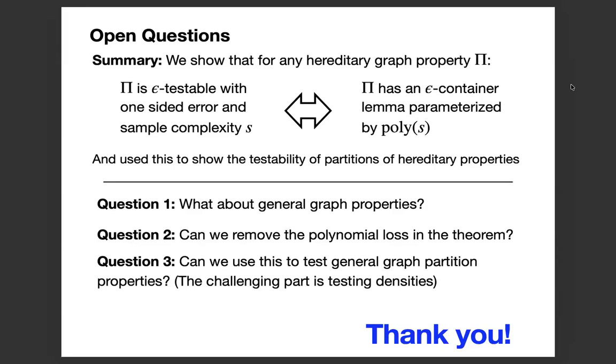I don't know if that really answers what you're saying. But it kind of makes sense. Anything that is testable with two-sided error should somehow satisfy this. Makes sense. Good questions. Let's find out.